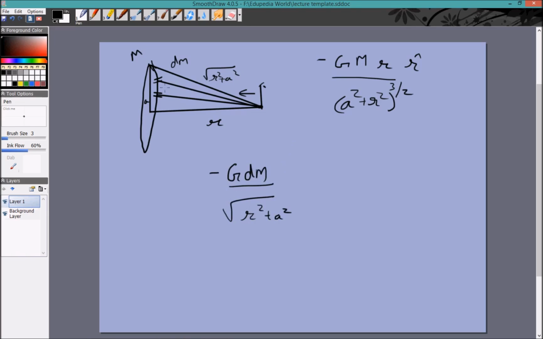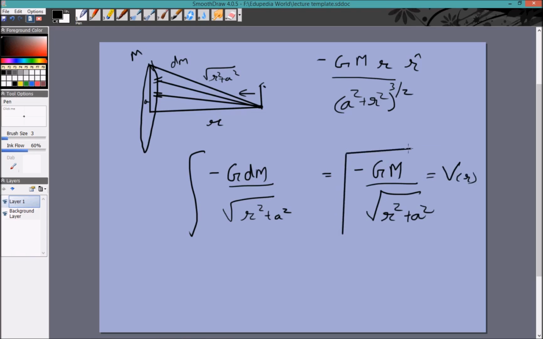So if you calculate it due to all of them, you simply integrate it. R, a and G are all constants, so you get minus GM by root of r squared plus a squared. This is the potential at r.